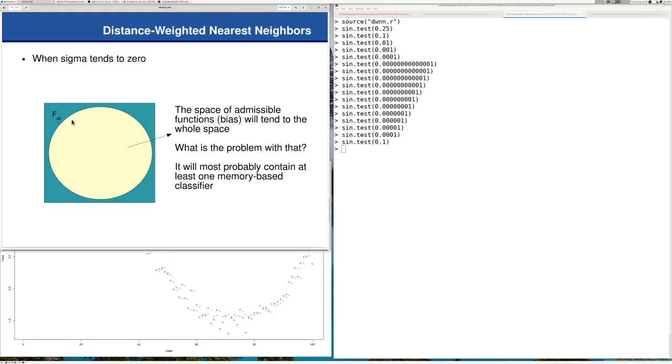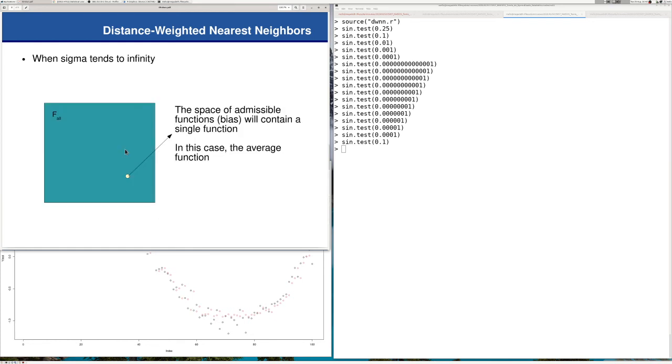It's going to contain more functions inside the bias. Again, a large sigma tends to infinity: a quite small space of divisible functions containing in the limit a single function, which is responsible for the average.